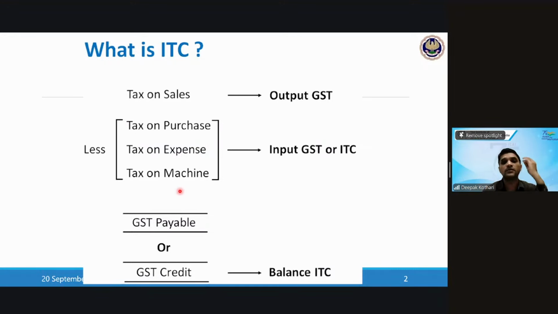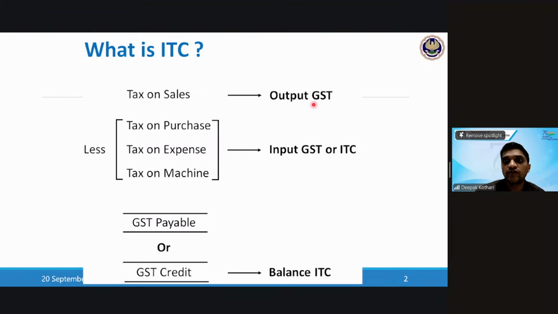You may also buy capital goods, equipment, machinery, whatever you use for your office or factory. The GST charged on that, you can also claim. All of that put together is called input GST, or ITC, the full form of which is input tax credit.